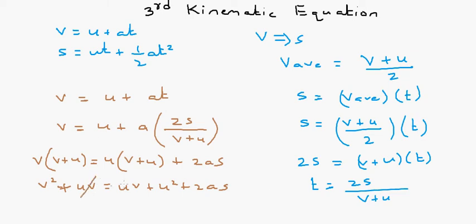Now these two uv terms get cancelled, so we are left with v squared is equal to u squared plus 2as. So we finally have an equation where there is a direct relation between velocity and displacement, and that's our third kinematic equation. V squared is equal to u squared plus 2as. That's our third kinematic equation.